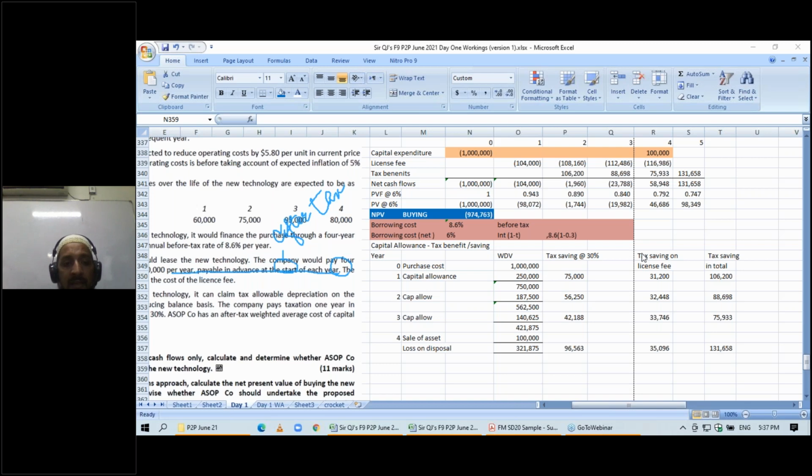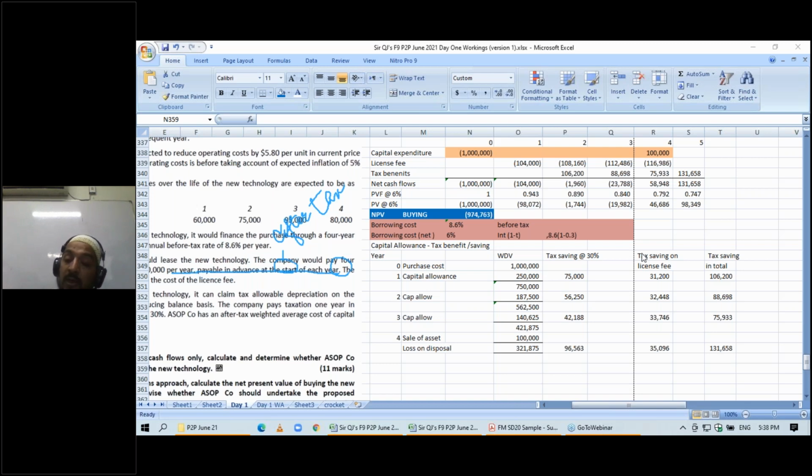Okay, then there is another question. What will happen to the production volumes that are given? See, right now we are not calculating NPV of the project. In the next part, they are asking for the NPV of the project. When you are calculating NPV of the project, whether to run the project or not, whether to select the project or not, at that time you will include sales and variable costs and those items.